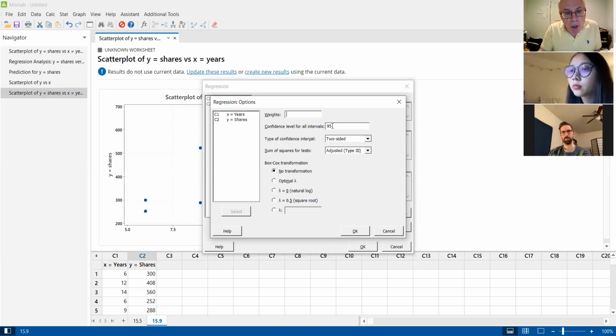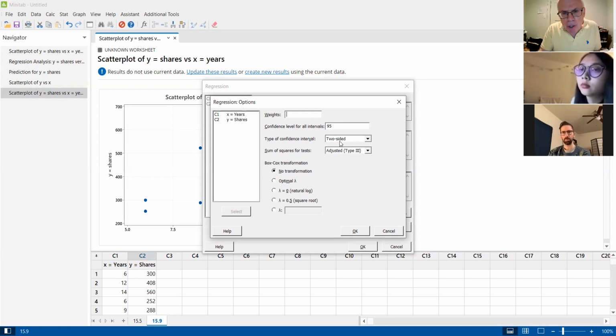But this would be if we wanted a confidence interval for the slope. In other words, we're going to end up with an estimated slope for the line of best fit, but remember, it's dependent on the data that you get, right? If you had another data set, you might end up with a different slope. So that's why a confidence interval might make sense here. But we'll leave it at 95 for now. Never change.